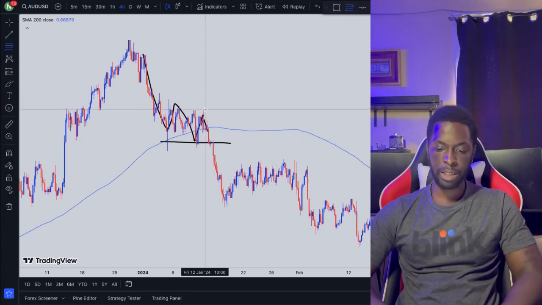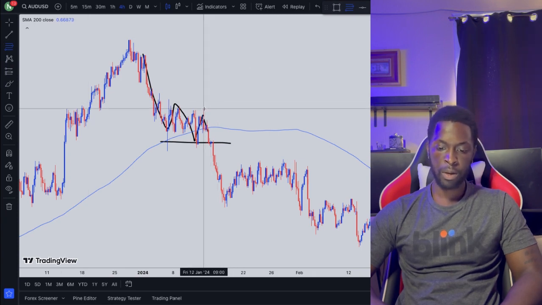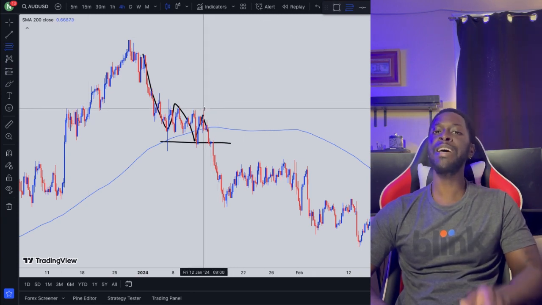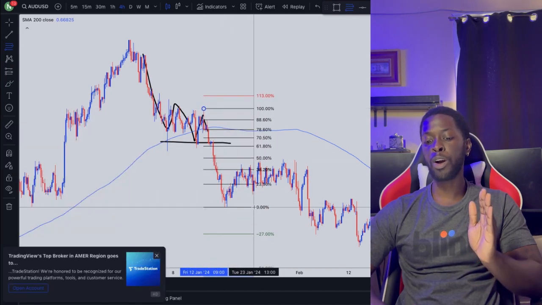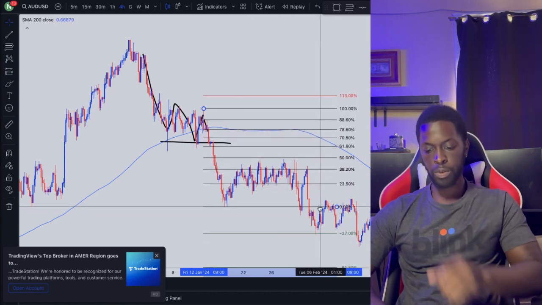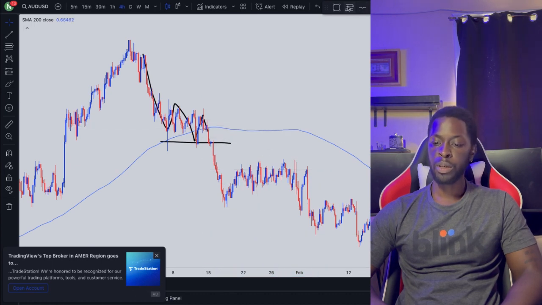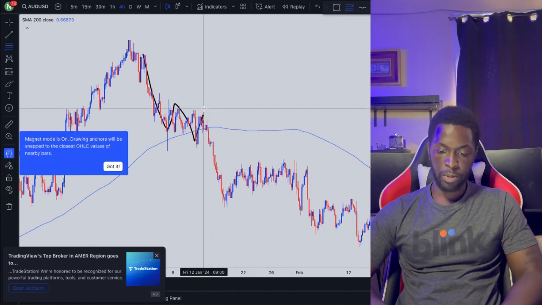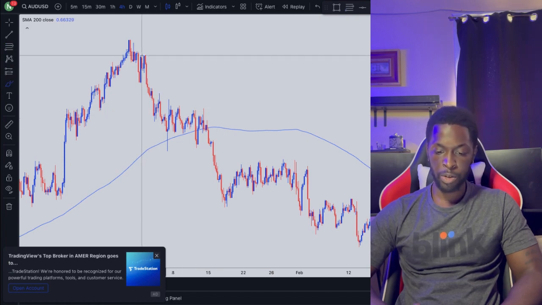And what that means is we're taking the Fibonacci tool. You go from the previous high, you extend to the current low. And that's how you draw it. It's pretty simple. I'll repeat again. So we are in a downtrend.